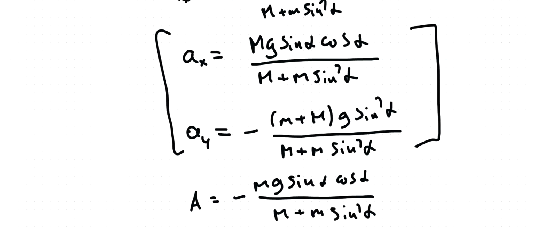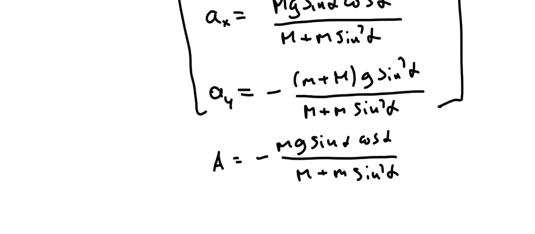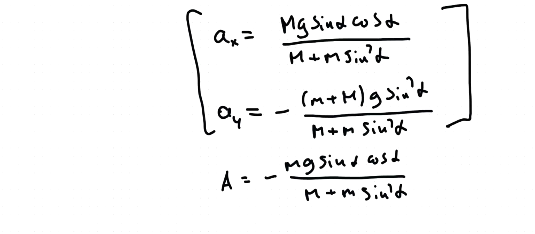So let me draw what these answers mean. If I go to my wedge, which is on a surface, and my block, the wedge is accelerating with acceleration A that way. And this object accelerates with some acceleration, which is kind of that way, because you have to take into account that small m is the block and capital M is the wedge.